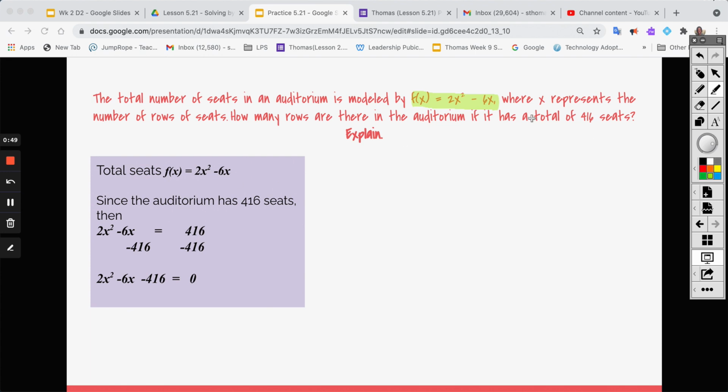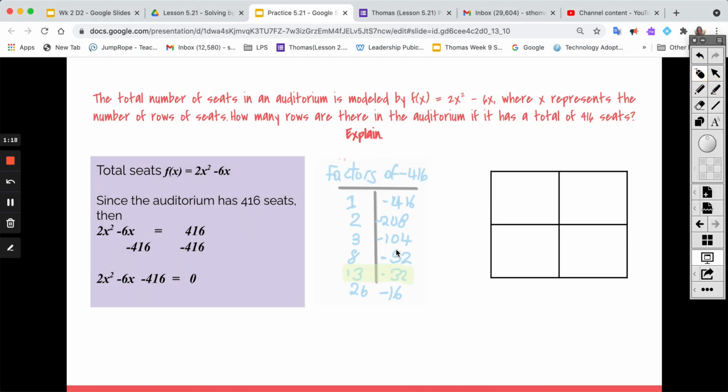They also told us that there were 416 seats. So that function should be set equal to 416, and whenever we want to solve, we have to set our equations equal to 0. So our equation in standard form is 2x squared minus 6x minus 416 is equal to 0.